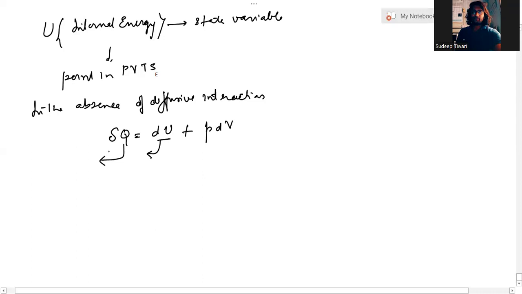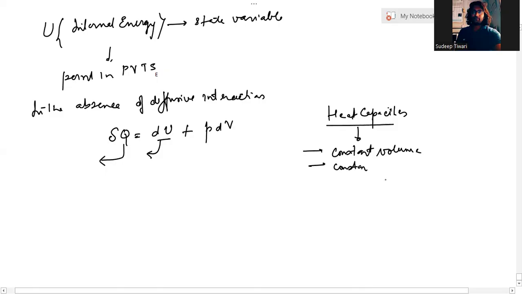So accordingly, we'll have two different heat capacities, one defined at constant volume and the other defined at constant pressure.